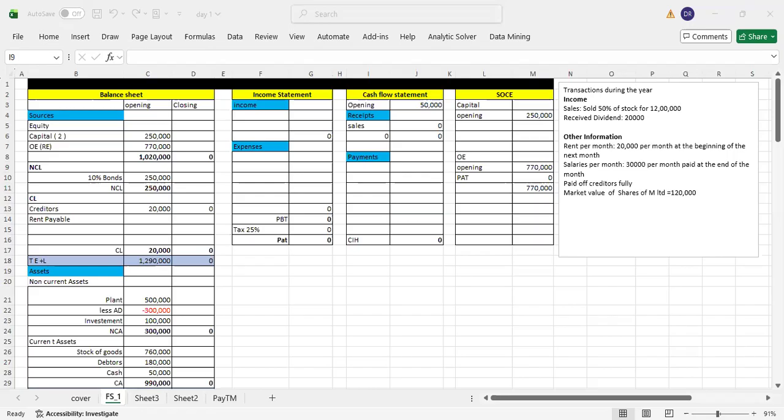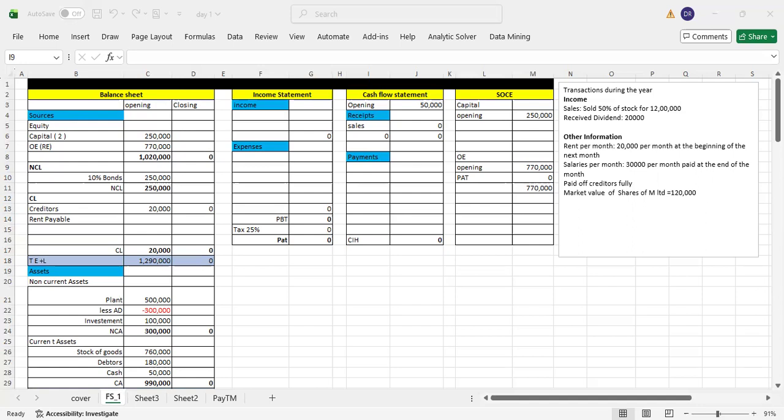We can see that the balance sheet has equity and liabilities, showing equity, non-current liabilities, current liabilities, similarly non-current assets and current assets. And a set of transactions are given, and we would like to convert these transactions into financial statements using the generally accepted accounting principles. And while doing that, we will observe that interrelationship.